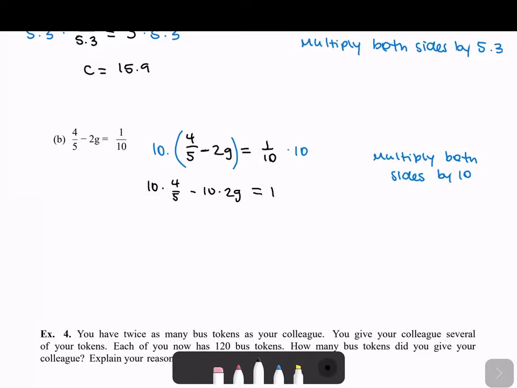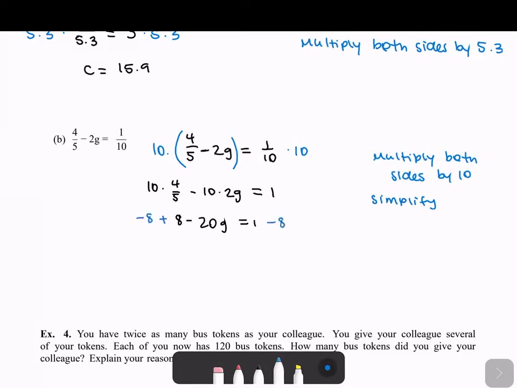So I'm going to simplify this. 10 times 4/5 is 40 divided by 5, which is 8, minus 20g equals 1. Okay, so next I'm going to subtract 8 from both sides.